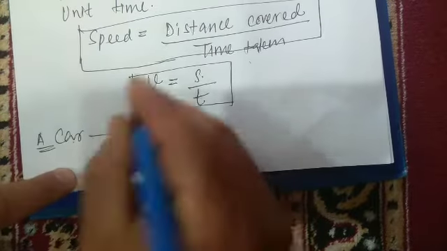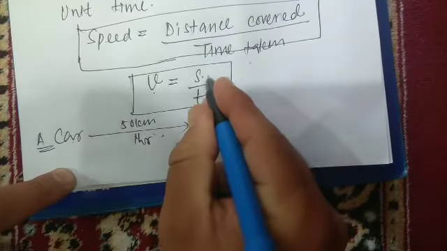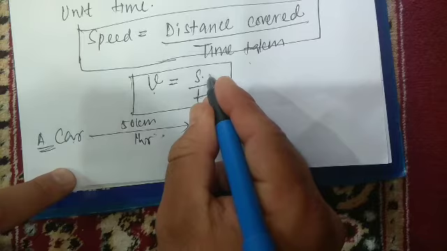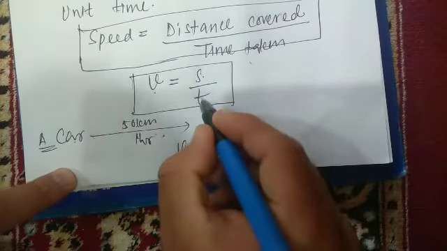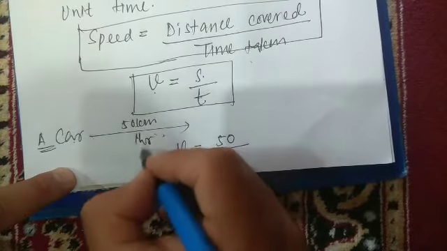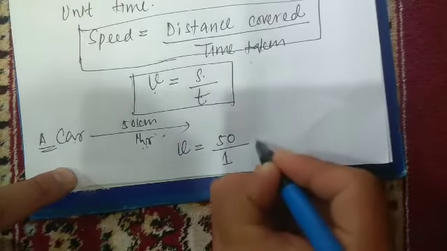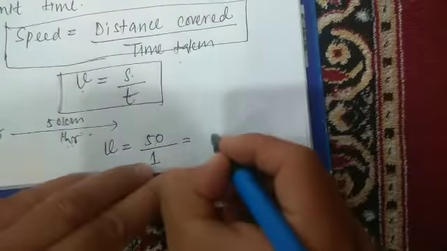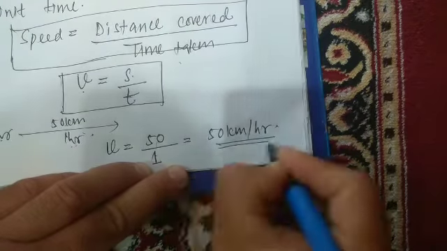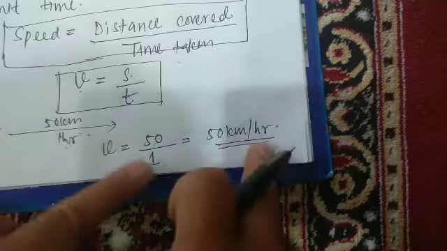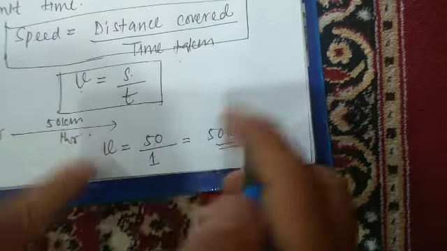Speed is S by T. The distance covered is 50 kilometers and the time taken is 1 hour, so 50 by 1. We can say that it's 50 kilometers per hour. 50 kilometers per hour is the speed of this car.